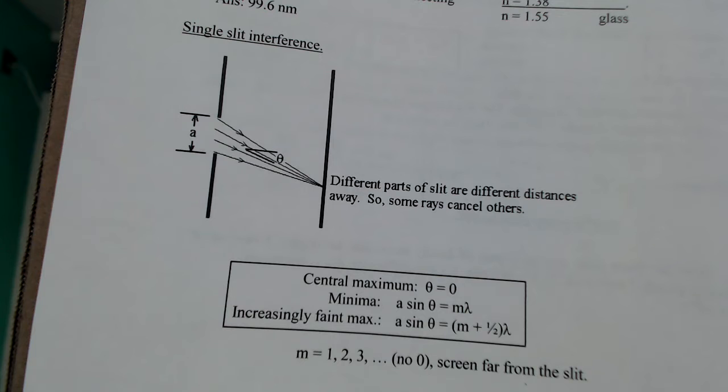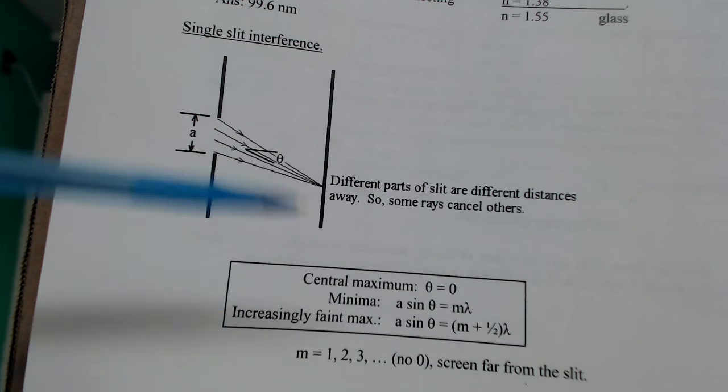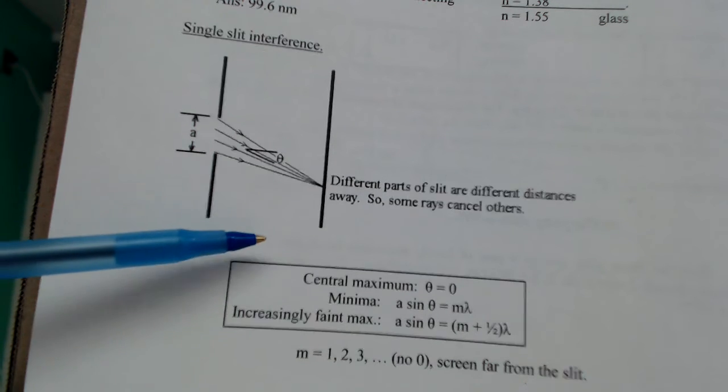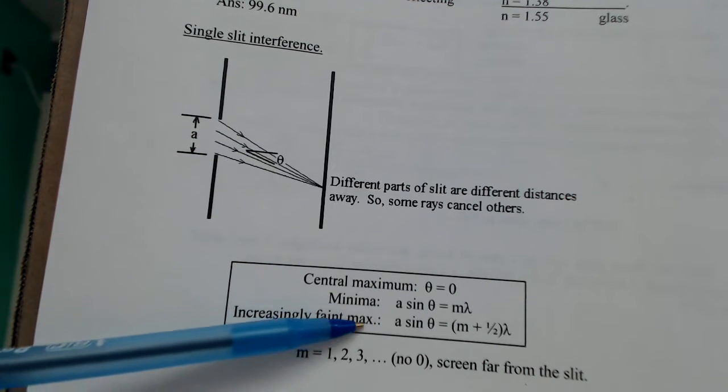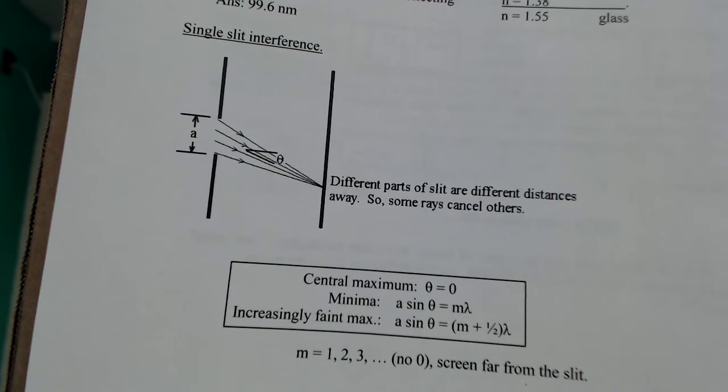So as you work your way outward, the maxima become fainter and fainter. And unlike the double slit pattern, the central maximum does not fit the same equation as the other maxima. You have to state it separately.